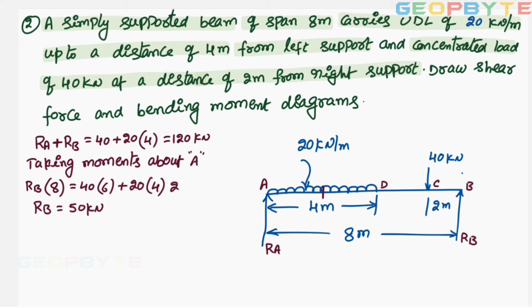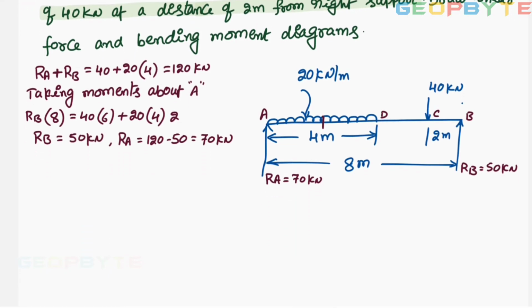If RB is 50 kilonewtons, RA equals 120 minus 50, which is 70 kilonewtons. That is RA. RA equals 70 kilonewtons and RB equals 50 kilonewtons.